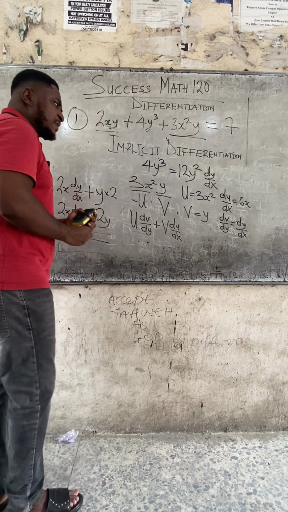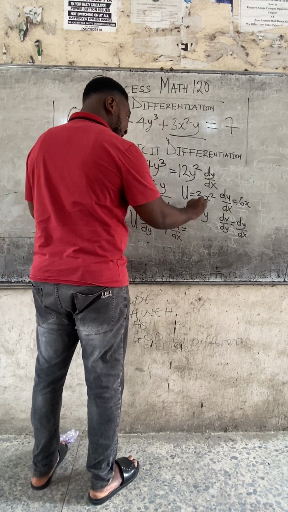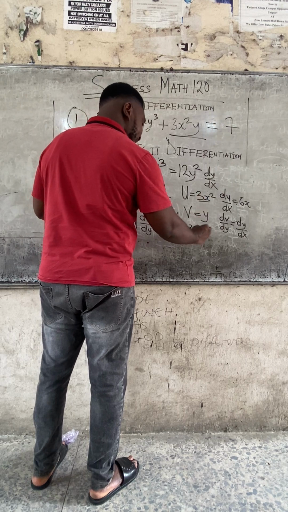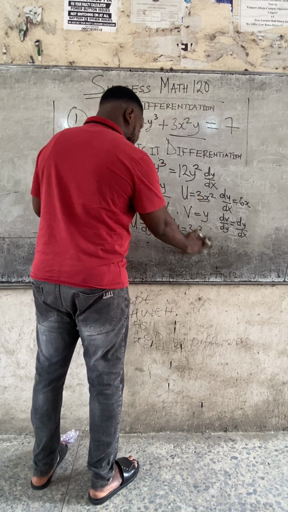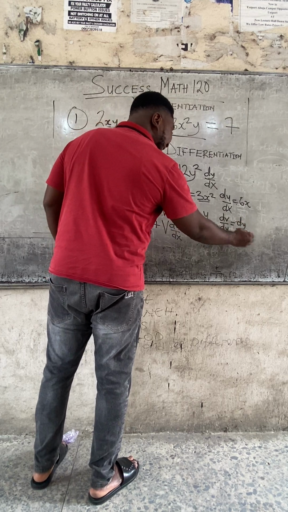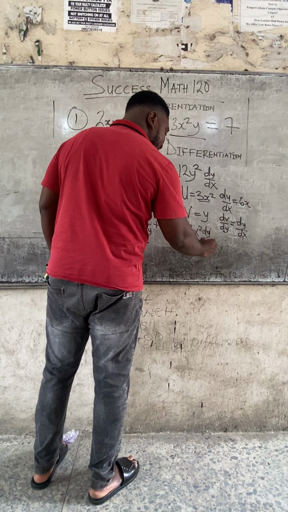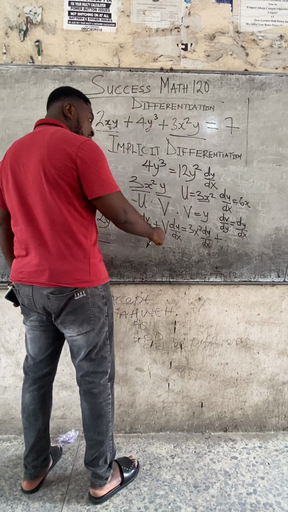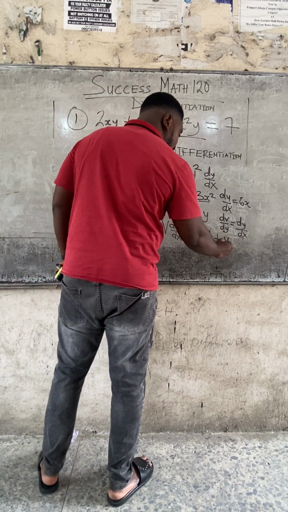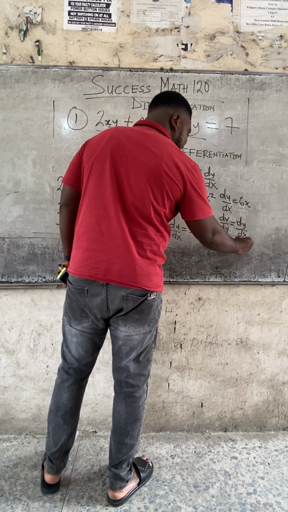Good. Who is my u? u is 3x squared, times dv/dx. Who is dv/dx? dv/dx is dy/dx. Plus, I'm following the formula, plus v. Who is v? y. And who is du/dx? 6x.